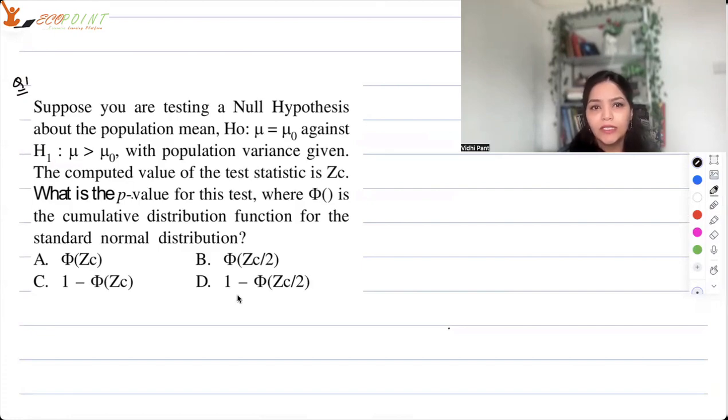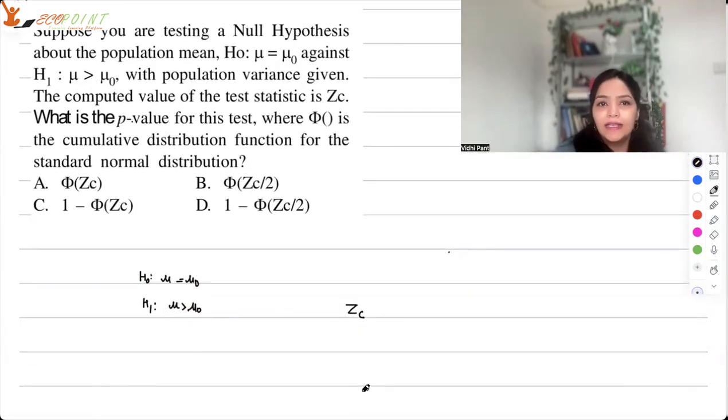Null hypothesis H0 is mu equals mu naught against the alternate hypothesis that mu is greater than mu naught, with population variance given. The computed value of the test statistic is ZC. What is the p-value for this test, where phi is the cumulative distribution function for the standard normal distribution?